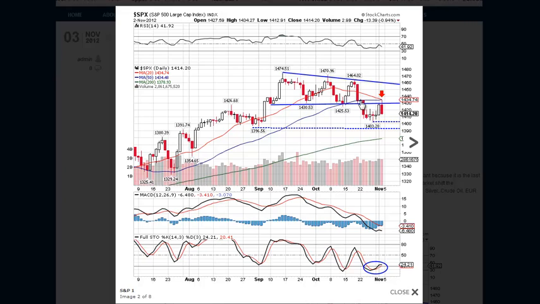Only the successful breakout higher would potentially target these levels here, which is 1460, 1470 level. But there's quite a bearish setup here at the moment. Stochastics are oversold and they're curling up. So that's something for us to watch as well.